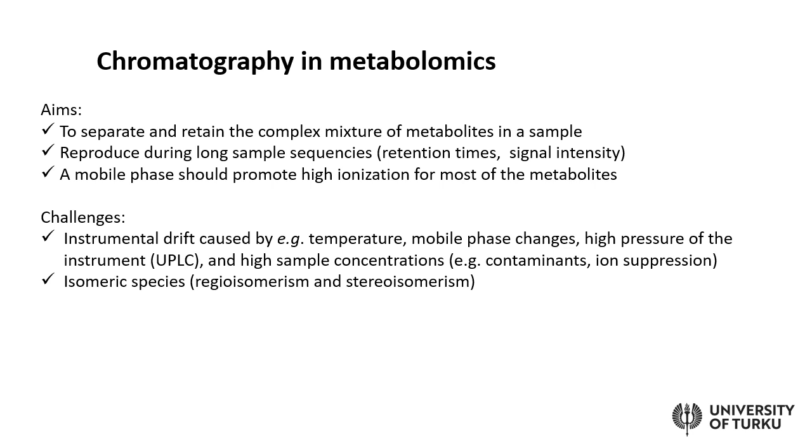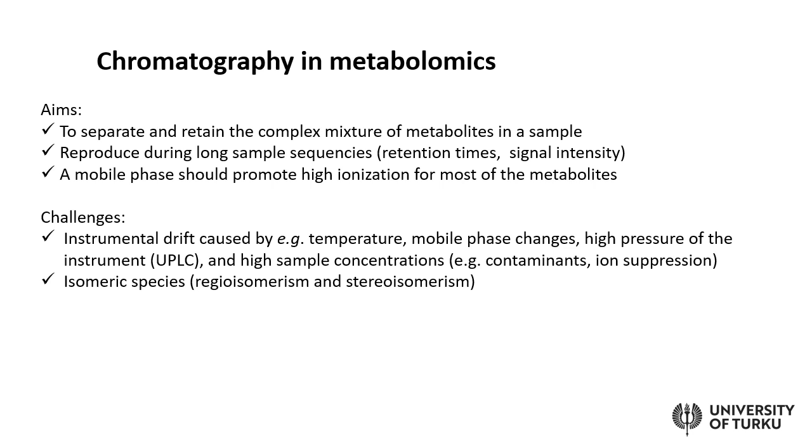And also an additional point of consideration is when choosing the mobile phase for chromatography. And here we need to remember that after the chromatographic separation, the sample goes to mass spectrometry analysis, and the analytes need to be ionized in mass spectrometry. So the mobile phase should be such that it is promoting high ionization efficiency for as many metabolites as possible.